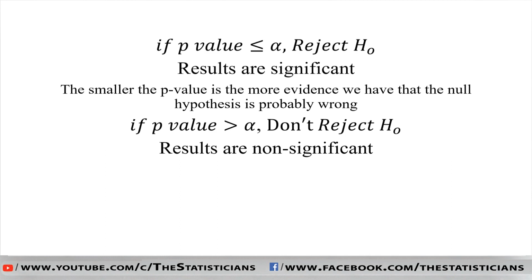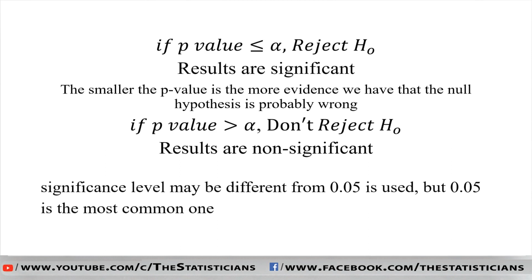Sometimes a significance level different from 0.05 is used, but 0.05 is the most common one. But how much evidence do you need to do that? That's where p less than 0.05 comes in. I'm not going to get deep into the statistical distribution of all this.